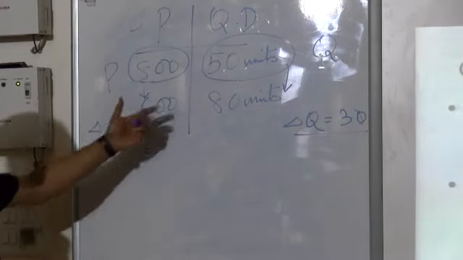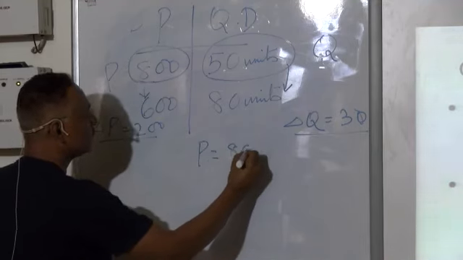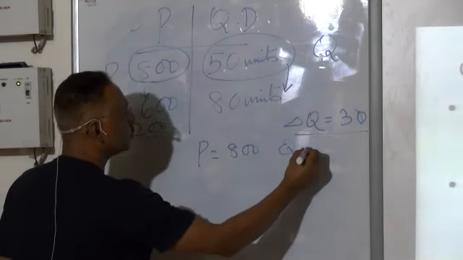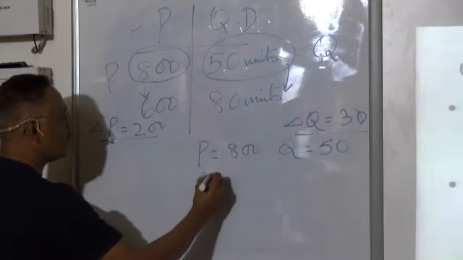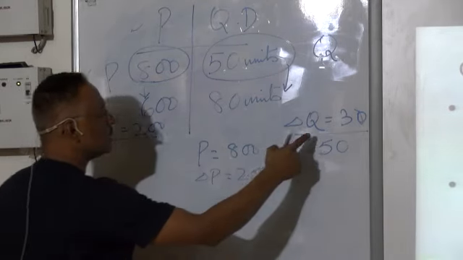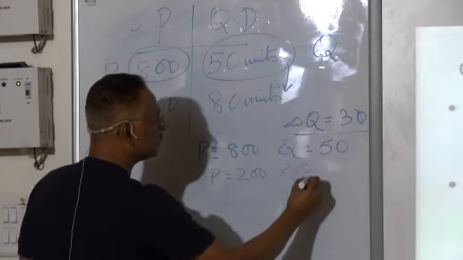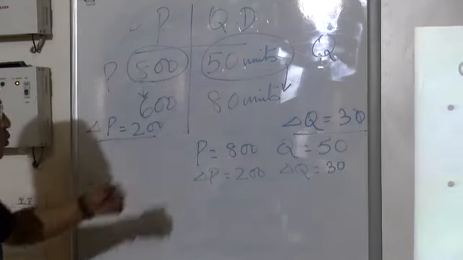Now, we have P 800, Q 50, delta P 200, delta Q 30. These are the values that you require.